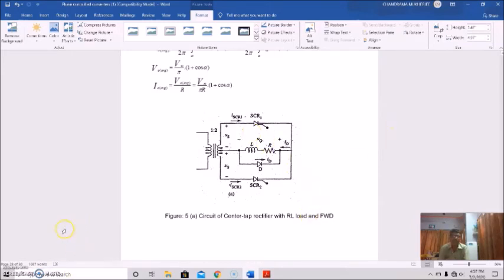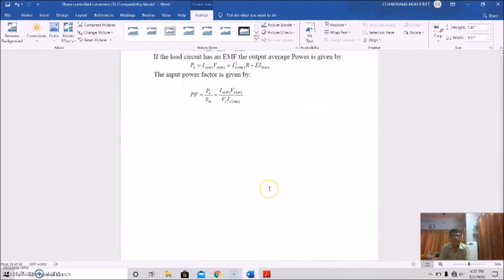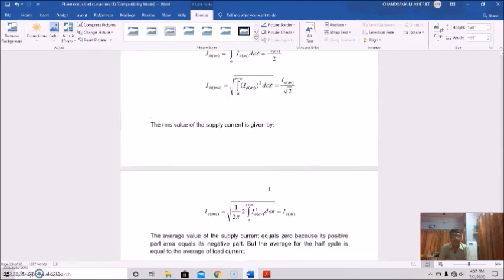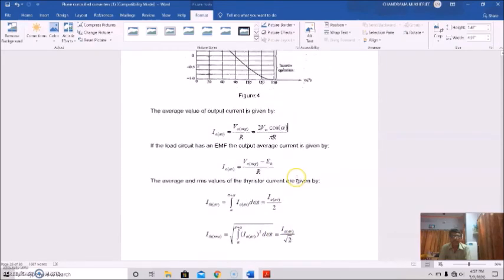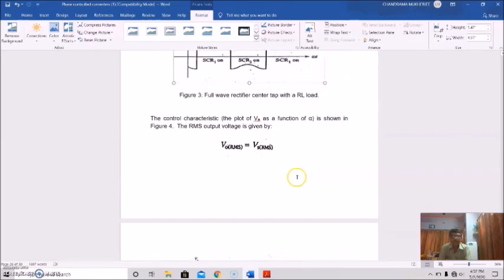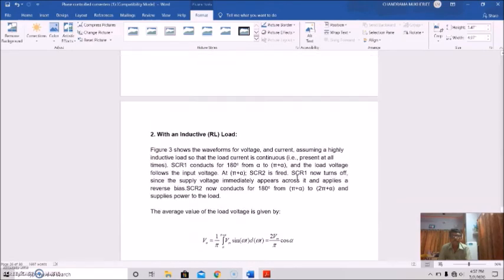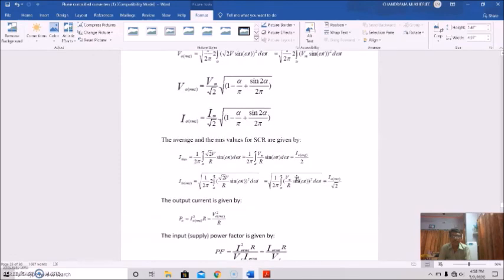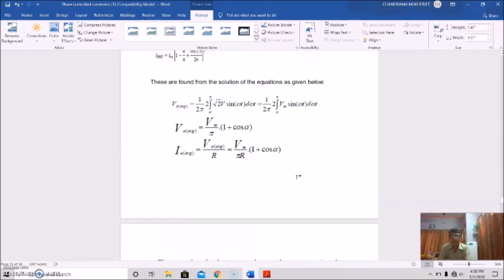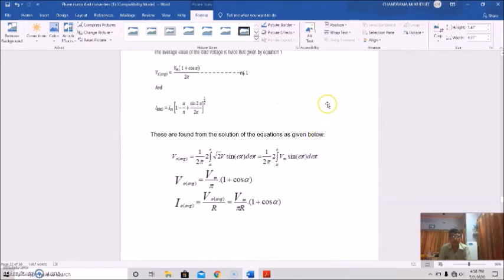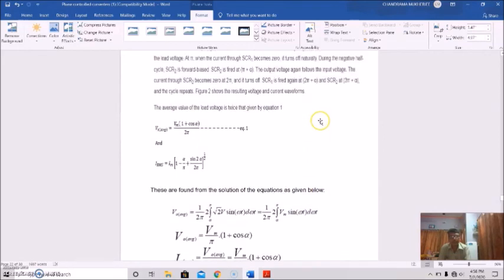Initially it was a resistive load, then a resistive inductive load, and then a flywheel diode across this load, and we got the clear modification.